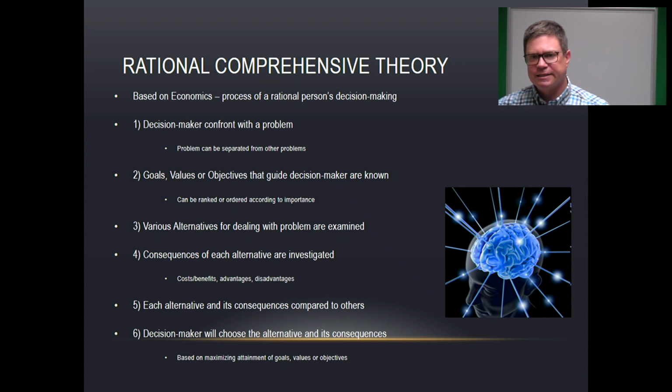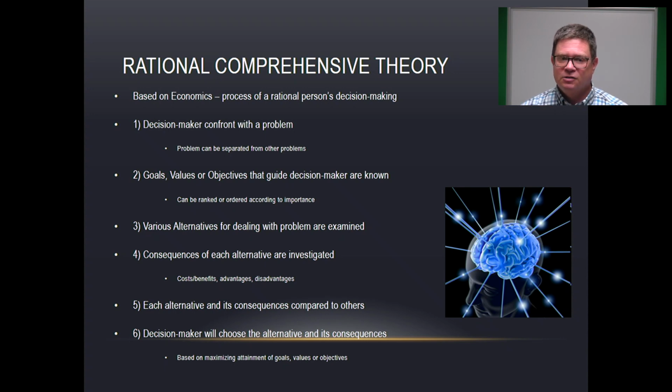Then I sit down and I look at every single one of the alternatives that might be available to deal with the problem given my goals, values, and objectives, right? So I list every single type of thing that I might be able to do. Then I rank them, and I go through and take a look at the consequences of each type of policy: how they would affect people, whether there would be negative consequences, whether unintended consequences, what do I know about the consequences and what don't I know about it.